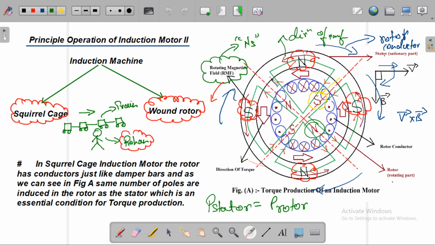When the number of stator poles is equal to the number of rotor poles, then torque will be produced. Otherwise, if it fails to induce the same number of poles in the rotor as in the stator, that means no torque is produced in an induction motor.